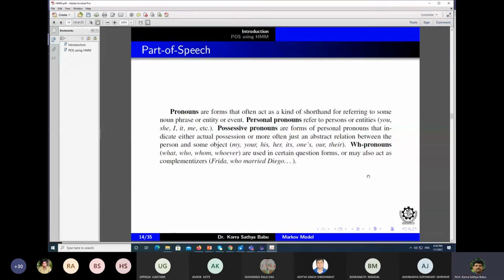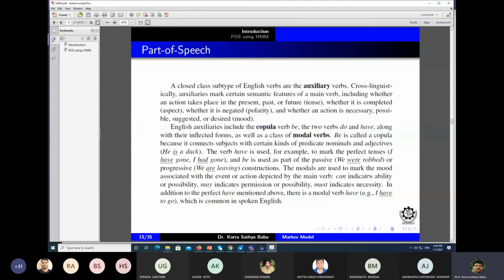In addition to the perfect have mentioned above, there is a modal verb have, like I have to go, right? This type of word we call a modal. We have the modal verb have. Okay, I hope you all know all these parts of speech, right?